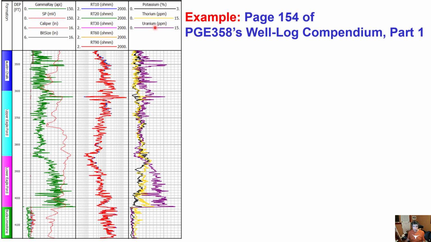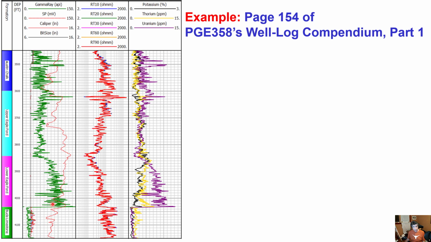Now, very interestingly, if you look at the gamma ray logs here, at the bottom in the lower Eagle Ford formation, the gamma ray log increases substantially with respect to the upper Eagle Ford and Austin Chalk, or even the Buda formation.